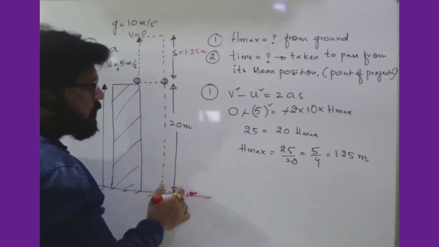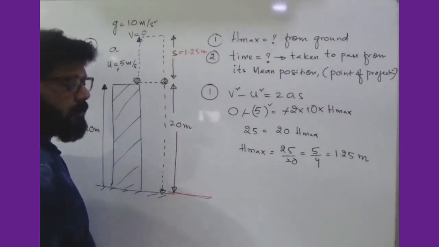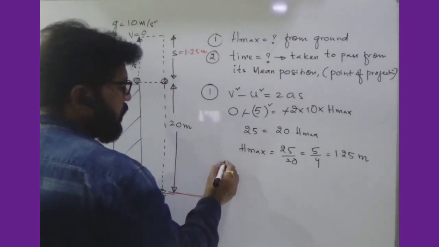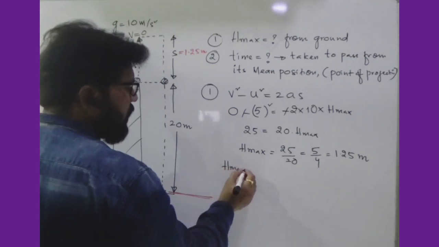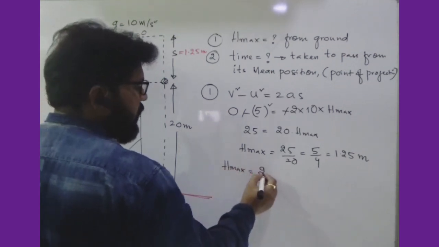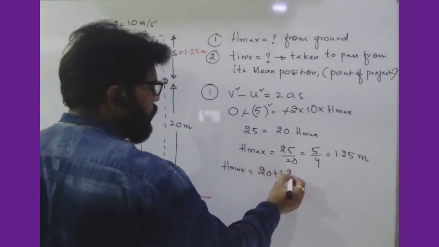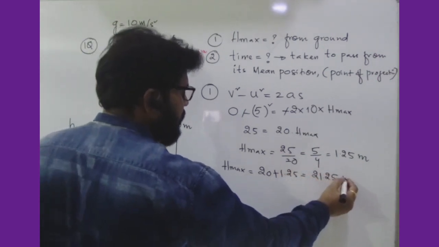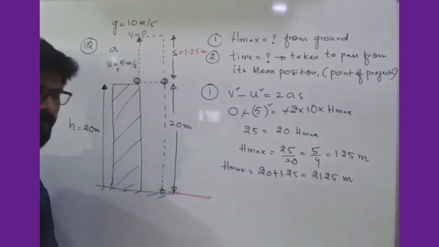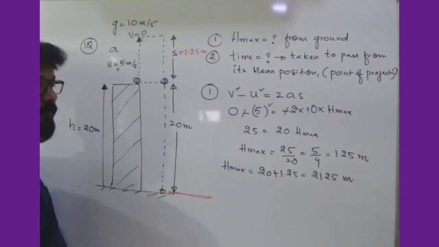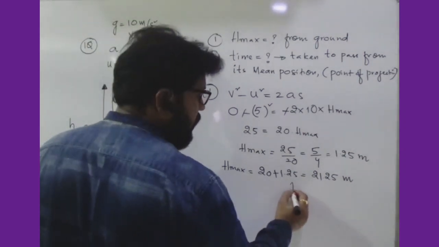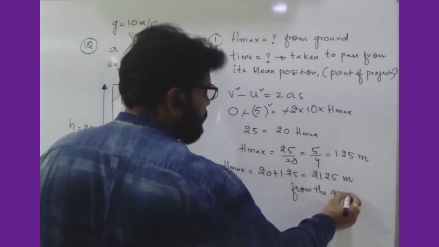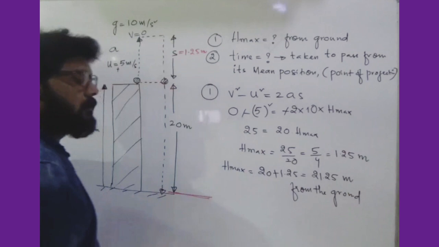So from the ground, H max is 20 plus 1.25, which is nothing but 21.25 meters. Is it clear? 21.25 meters from the ground.